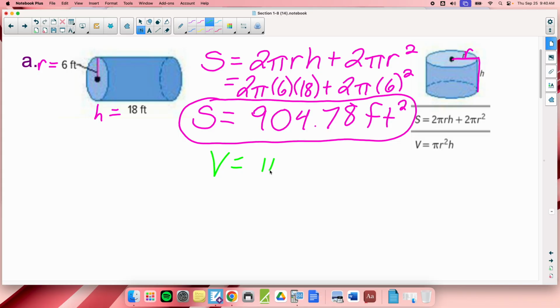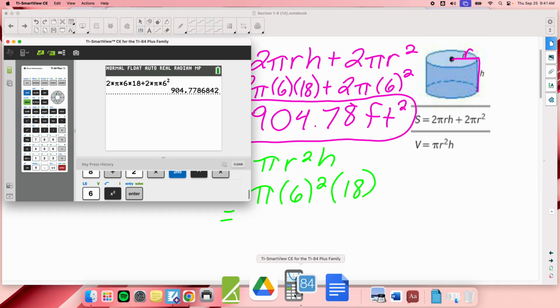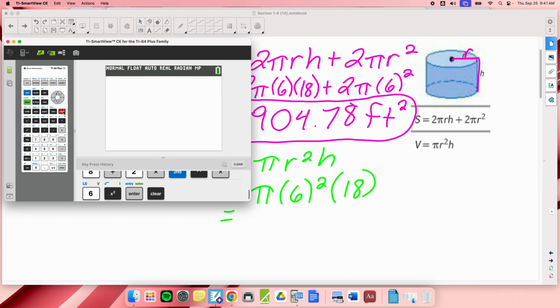This one is pi r squared h. So we're gonna do our pi key, our radius is 6, and we have to square that, and the height is 18, okay? So now, what we're gonna do is we're gonna go pi times 6 squared times 18, and we get 2035.75.